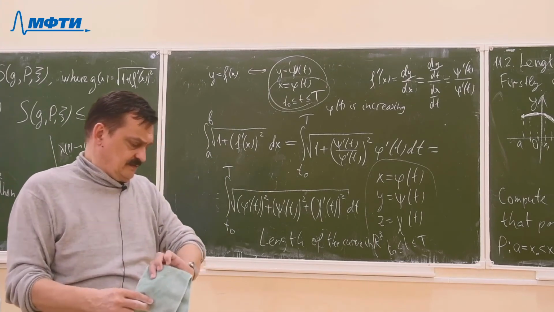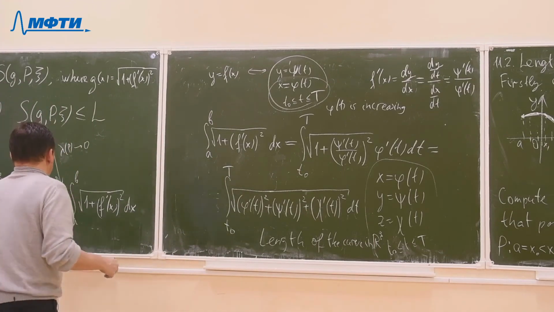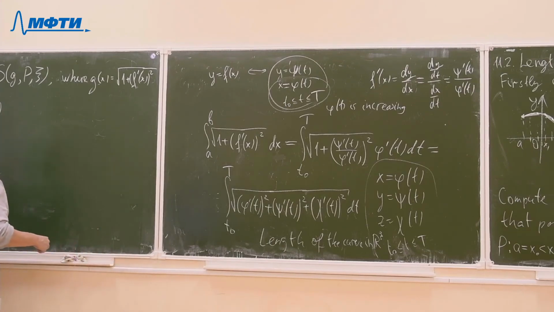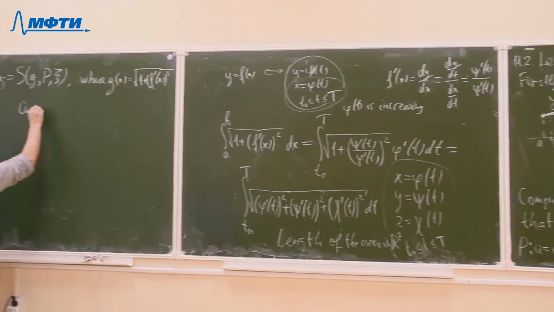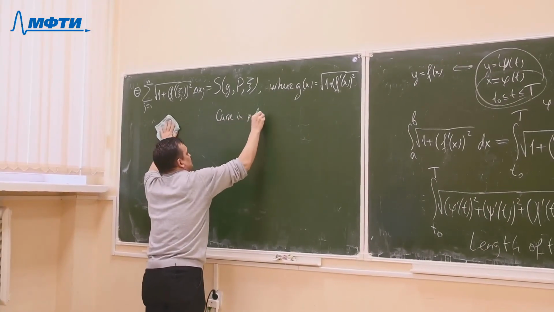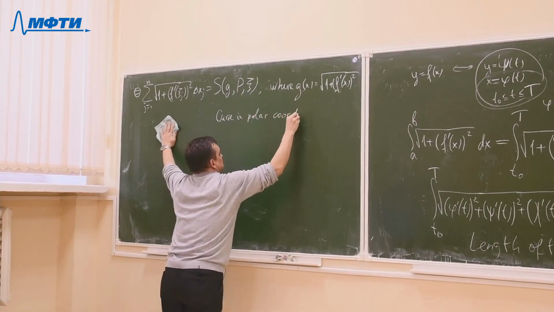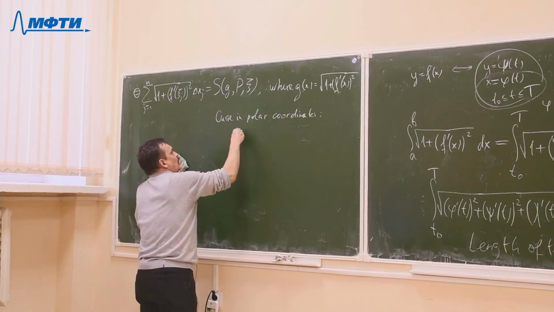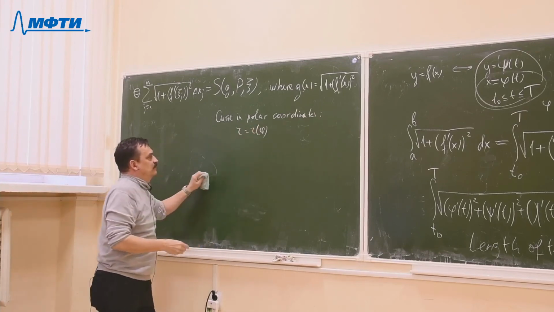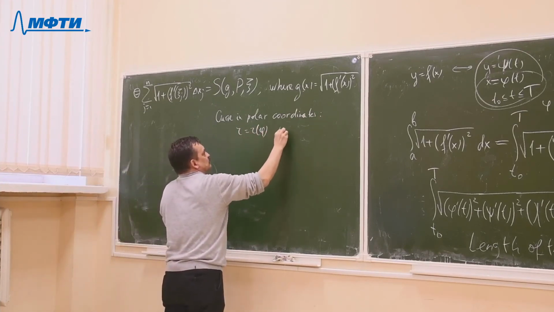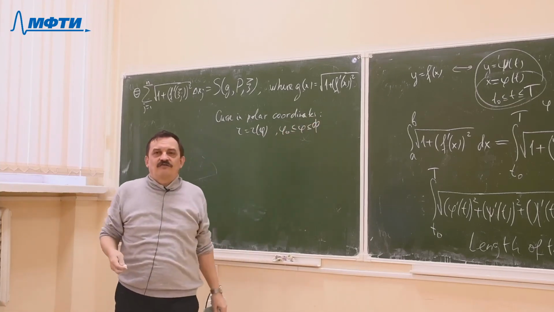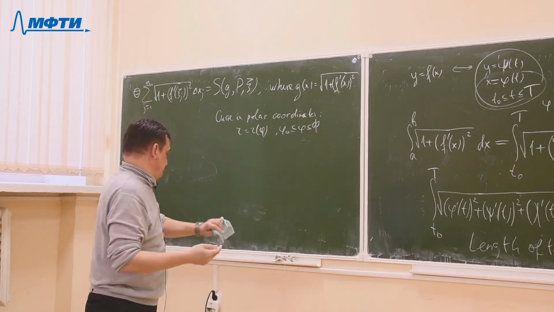And I think I should finish with, not an example, but just a particular case: a curve in polar coordinates, r equals r of phi. Then what does it mean? It means that we can consider phi as a parameter.